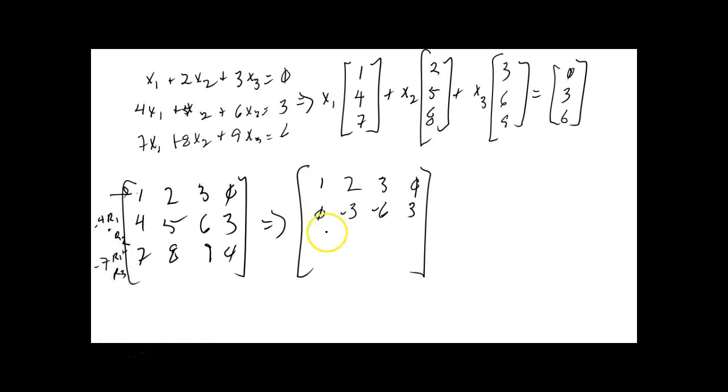Okay, and what does that give us? 0. Minus 14 plus 8. Negative 6. Okay.